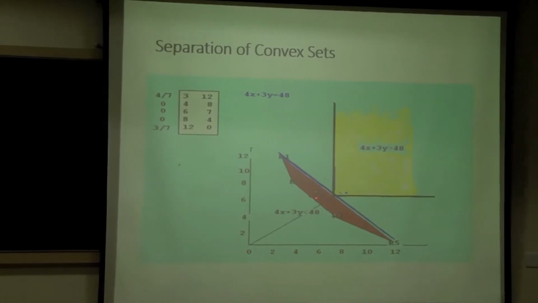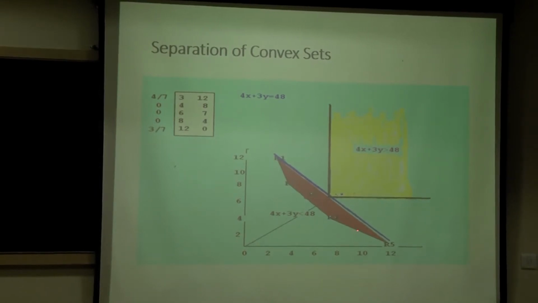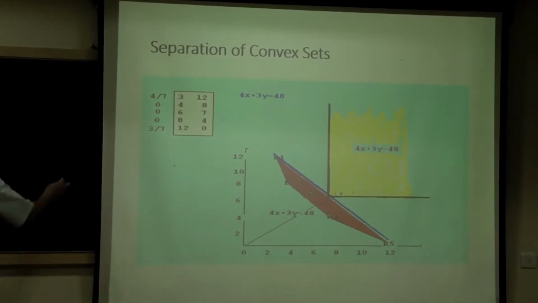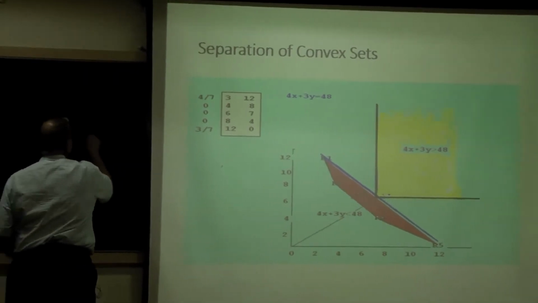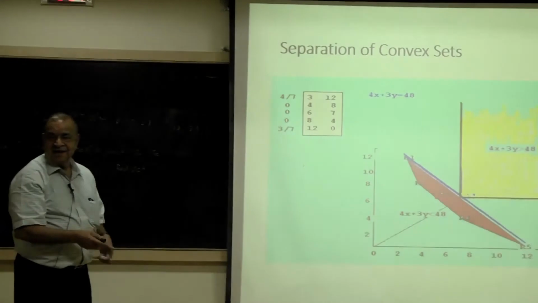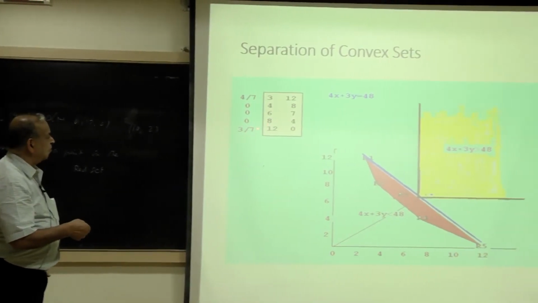Now suppose he has chosen some point, like this point, the middle point of R4 and R5. What is that? It is 10, 2. Agree? This is R4, this is R5.